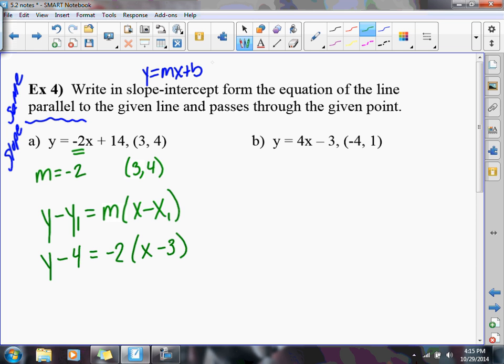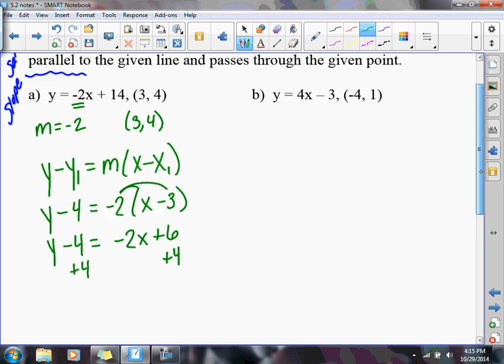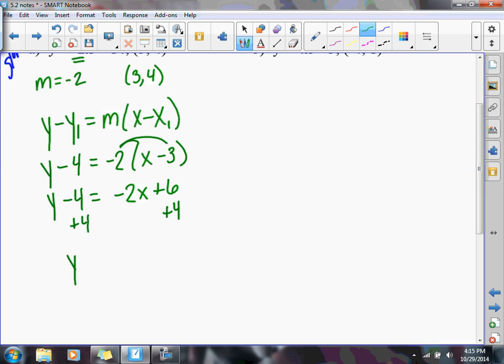Now, I have to get my final answer in slope-intercept form, so I need to do what we did in example 2, where I distribute and then solve for y. So -2x plus 6, and then I'm going to add the 4 over. So I will end up with y equals -2x plus 10.